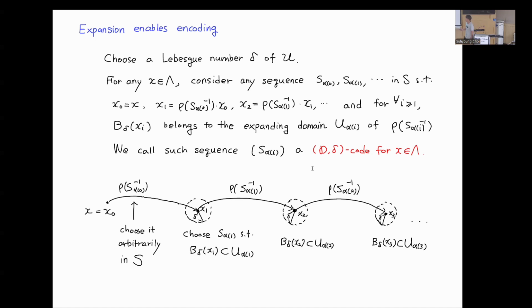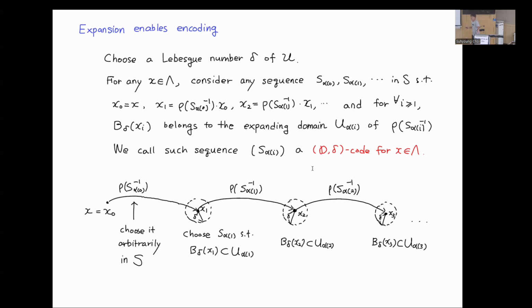After that, we choose s_alpha_1 such that the delta ball of x_1 is included in some U_alpha_1. This is the expanding domain for the s_alpha_1 inverse action. Then act by s_alpha_1 inverse, and you obtain x_2. In the same way, you obtain s_alpha_2 inverse, and so on.